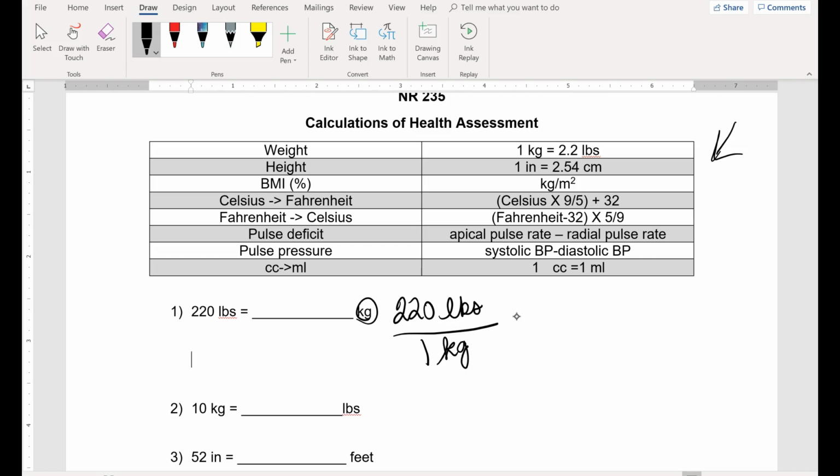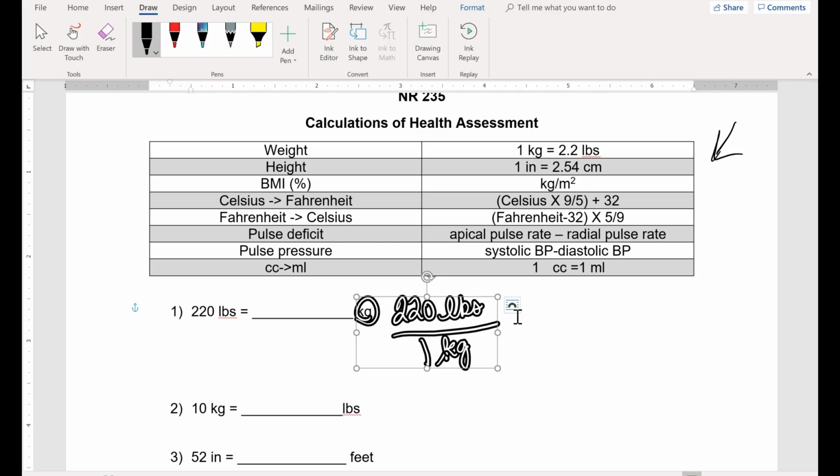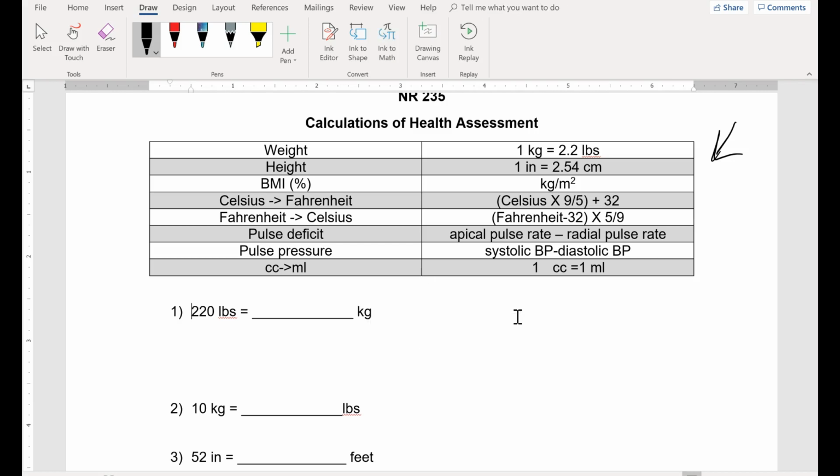Or I'm sorry, excuse me. We have 220 pounds, right? And we know that 2.2 pounds equals 1 kilogram, so we're going to divide by 2.2 pounds in order to get our kilograms, okay?